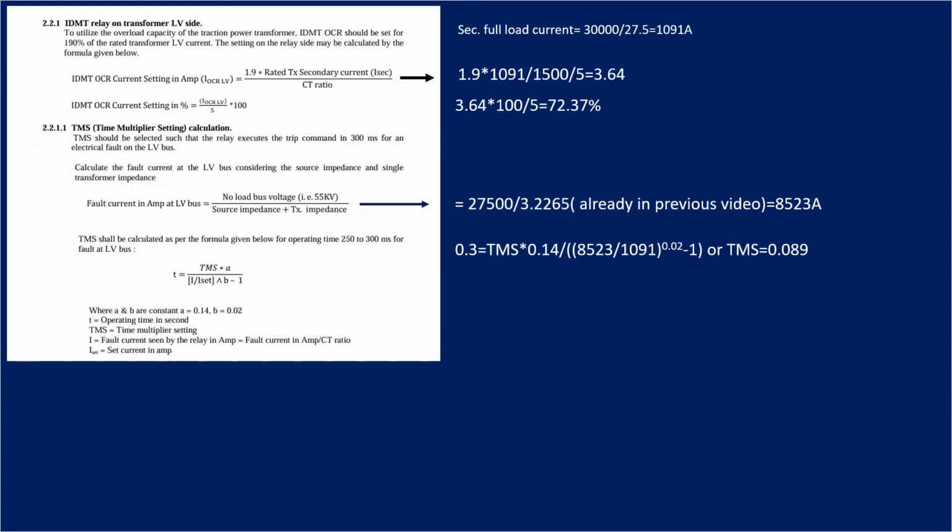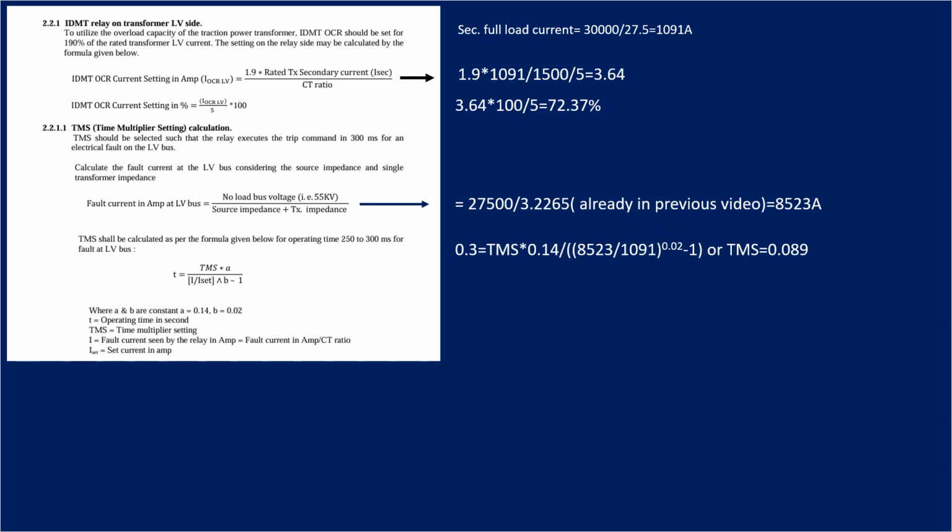Here we have calculated the full load secondary current. It is coming around 1091 ampere. So the IDMT relay will be set at 190% of this rated secondary current of the power transformer, and its CT ratio is 1500 by 5.